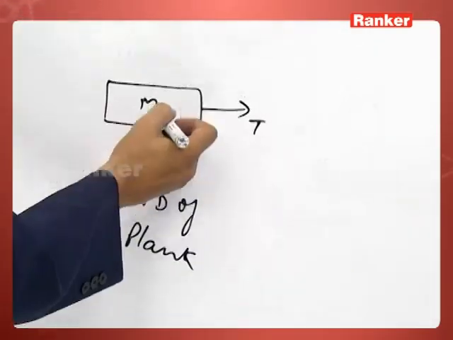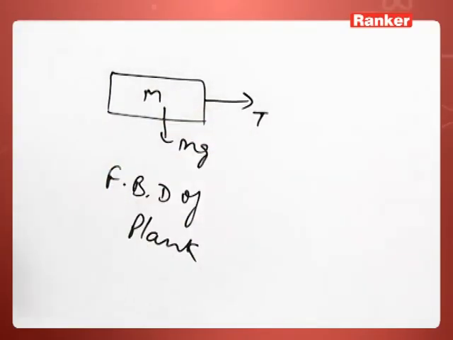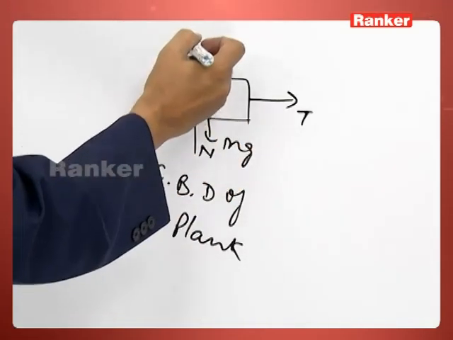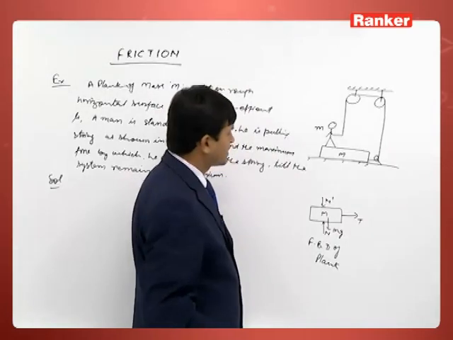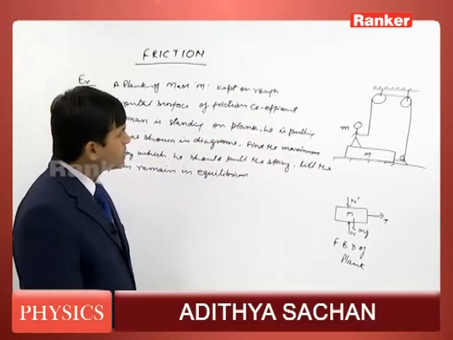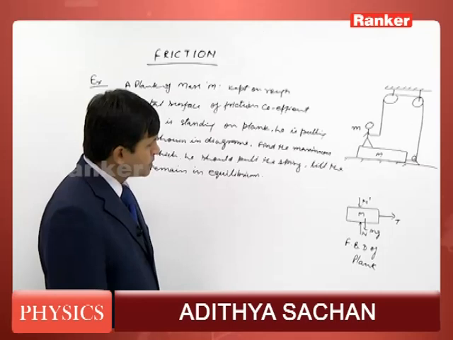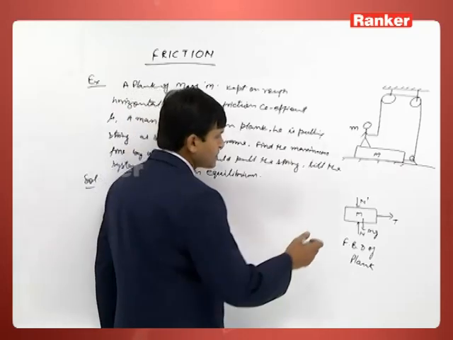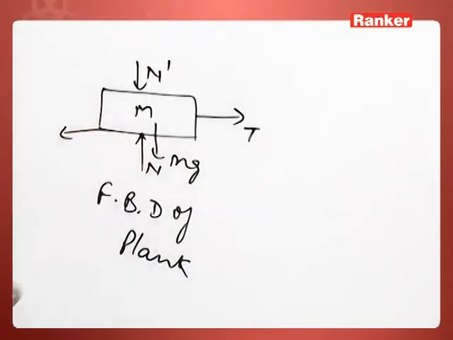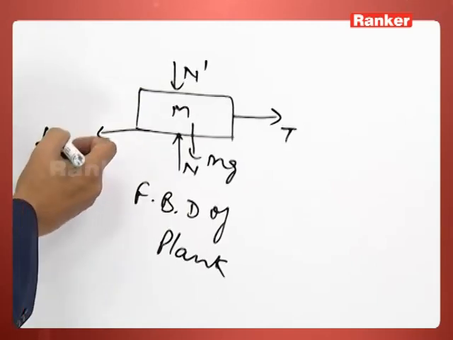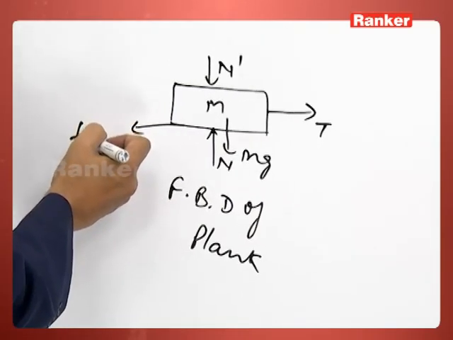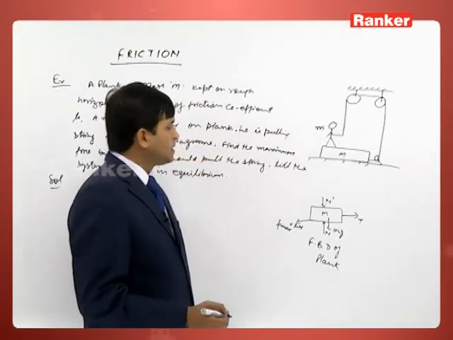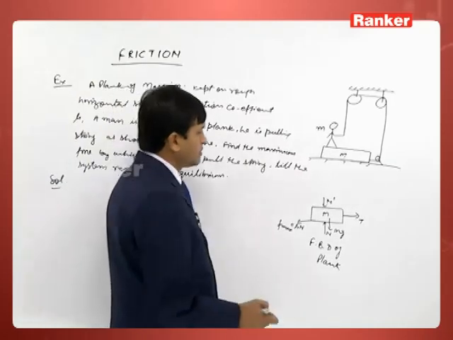Another is the weight of the plank, another is the normal by the ground, and another is the normal by the man, N dash. There is no other horizontal force acting. Because of that tension T, it has a tendency to go to the right side, so friction F acts. F maximum is mu into N. This is the FBD of the plank.